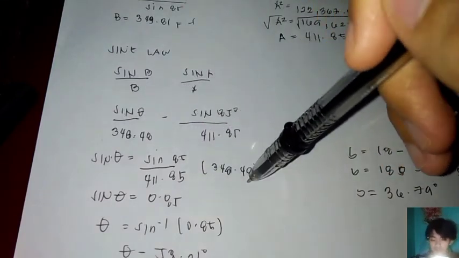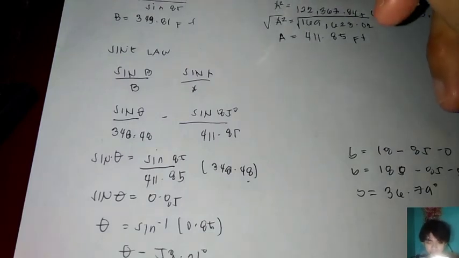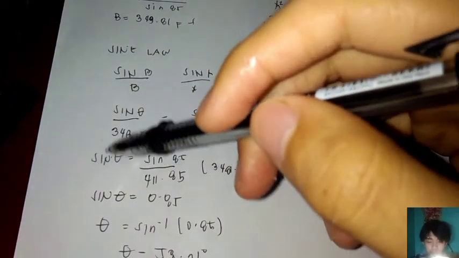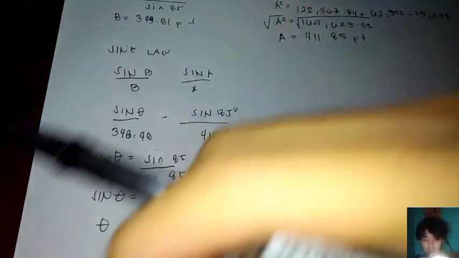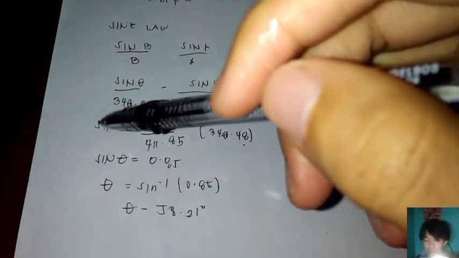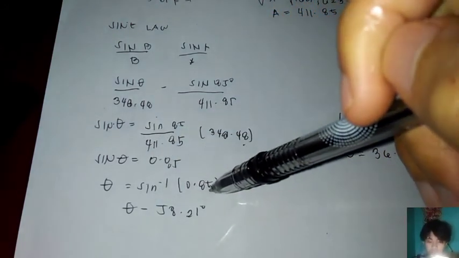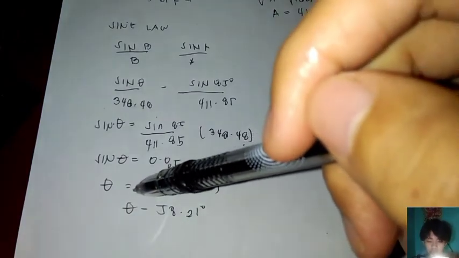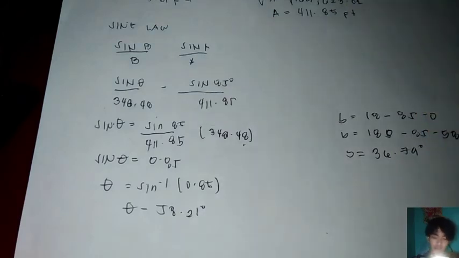So we have here the 348.44. So the answer is, let's just copy the sin theta, equals 0.85. Let's transpose the sin. So we have theta equals sin negative 1 times 0.85. So our theta is equal to 58.21 degrees.